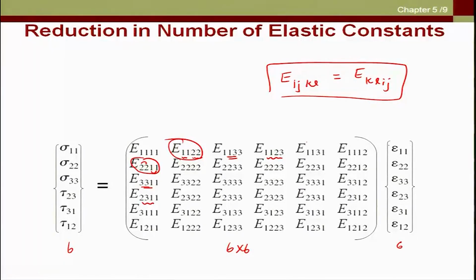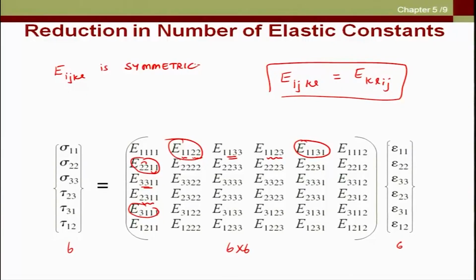Similarly, this term is same as this term, and so on and so forth. So, basically what that means is that the E matrix is symmetric.